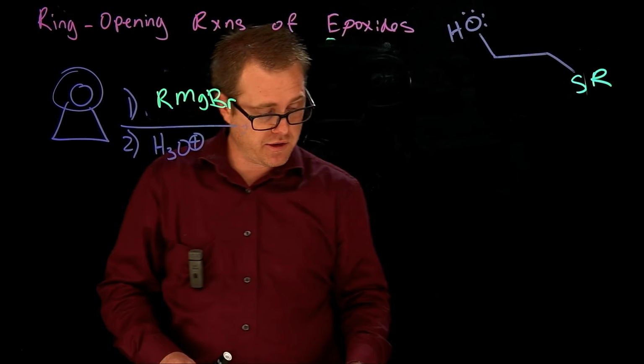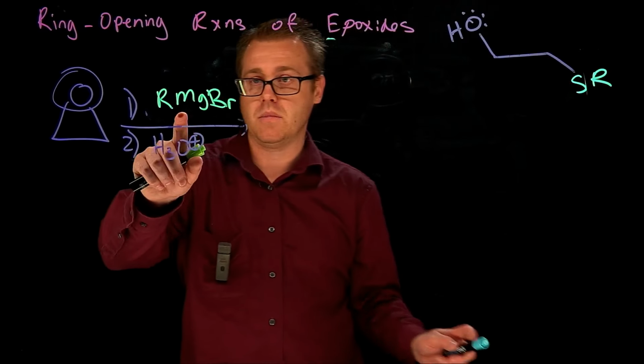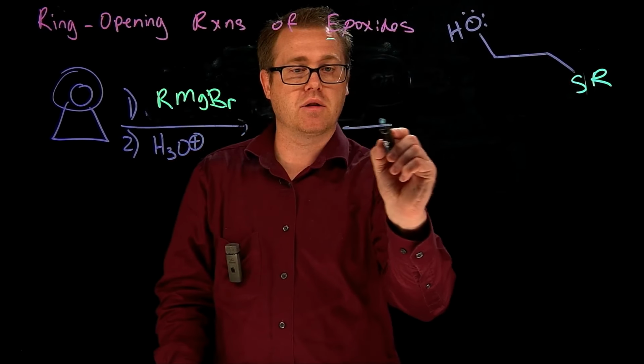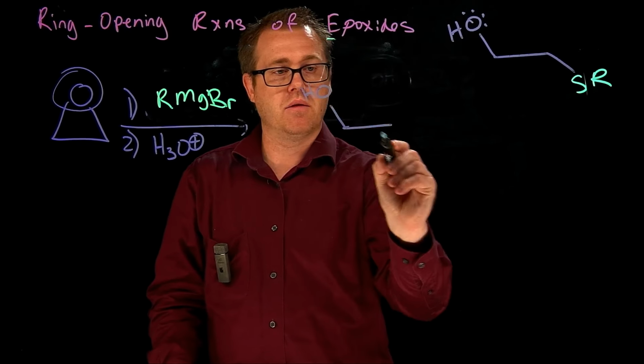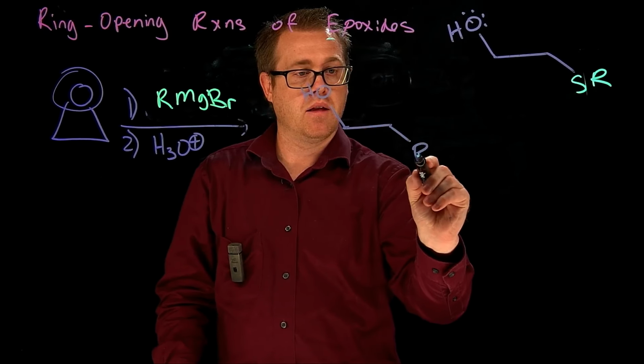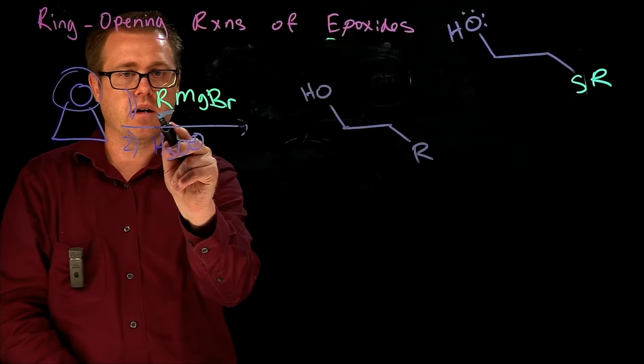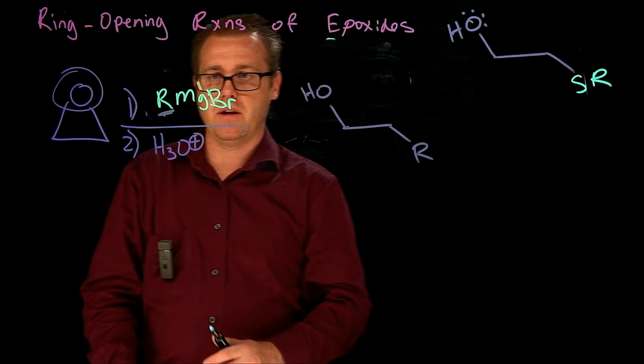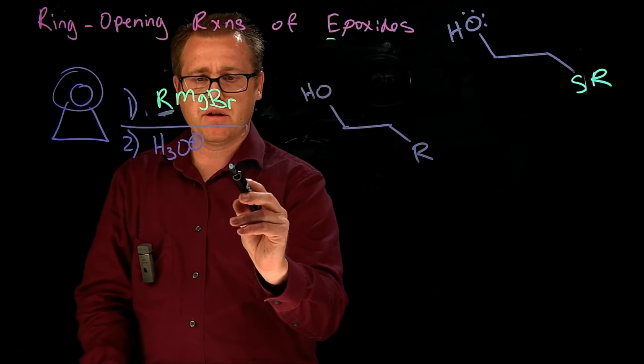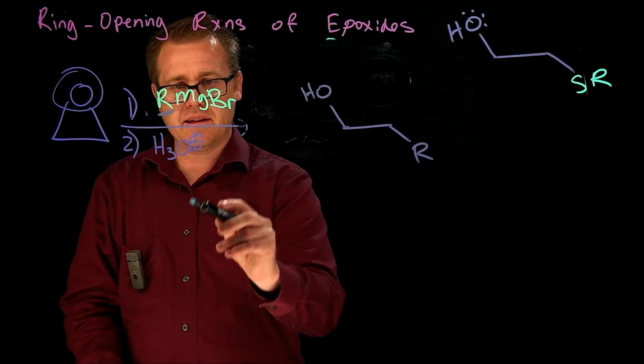If we take a look at a Grignard reaction, what would the product look like? It would turn into that species right there. See the R right there? It would go there.